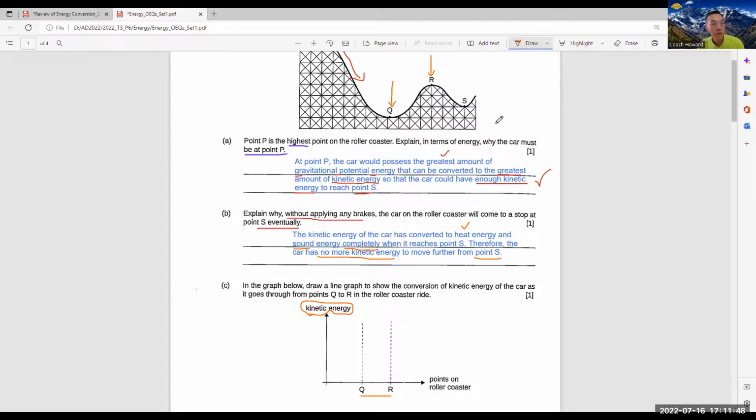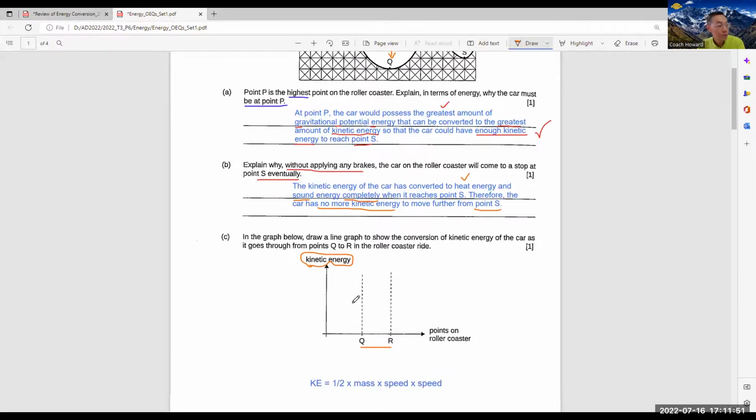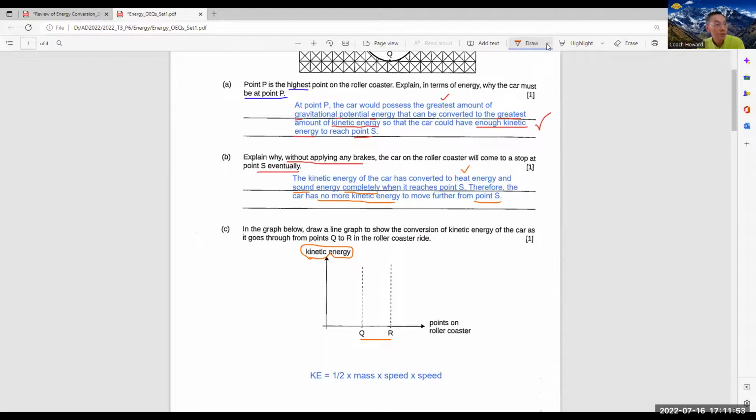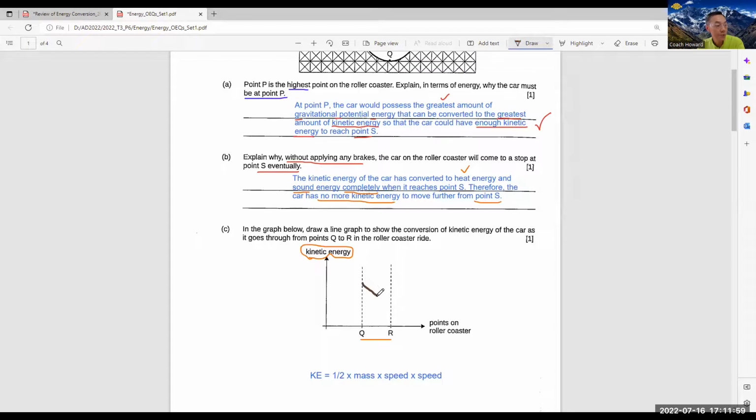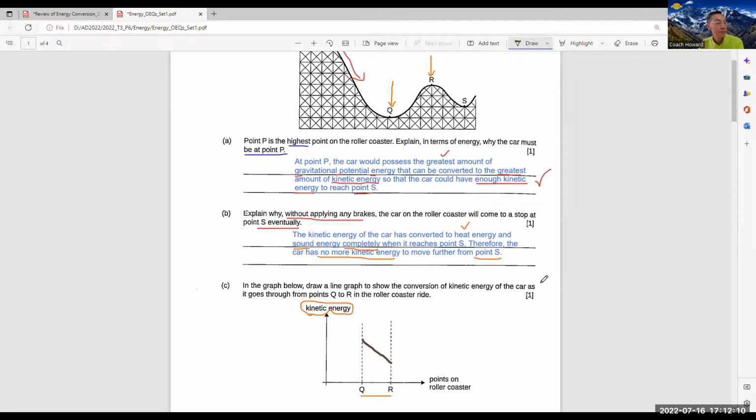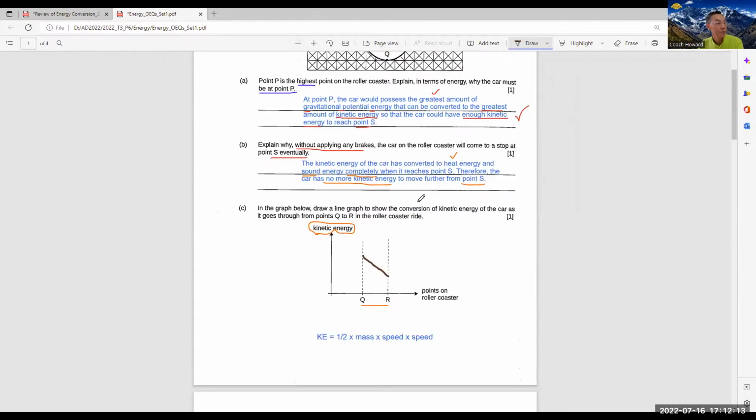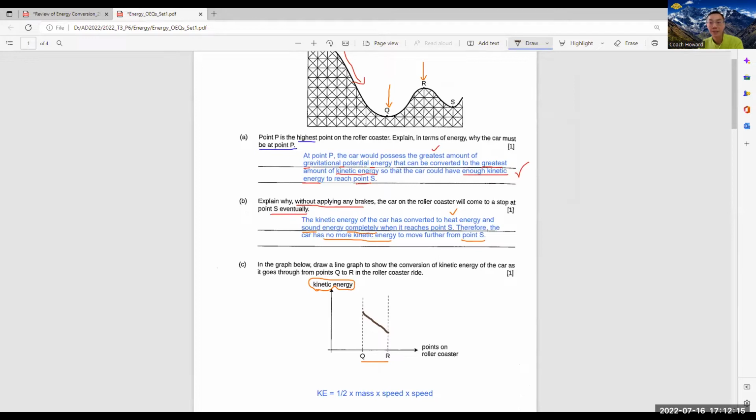It should decrease because it's going up, right? So the kinetic energy should drop. So for this question, you should use a ruler. You just draw one straight line that slopes down this way, from here to here, because there's a drop in speed. So let me screenshot this, and then I send to you now for your reference to this question.